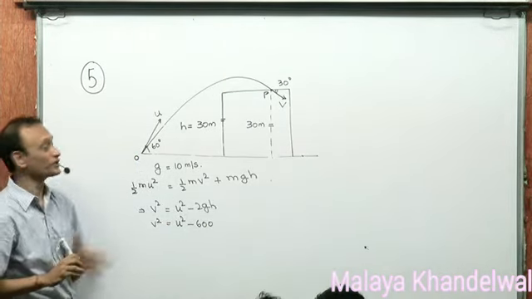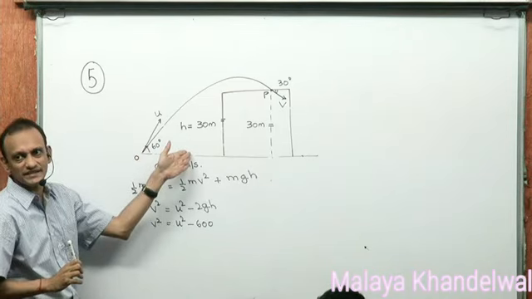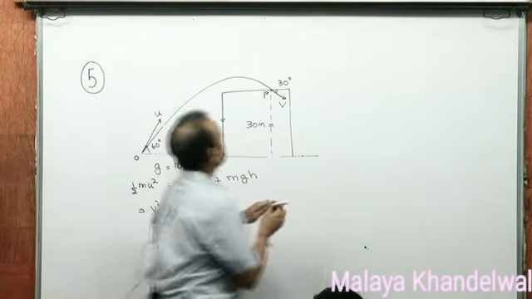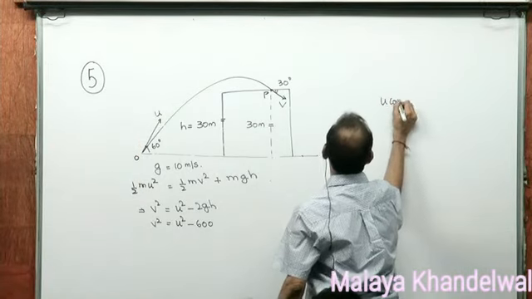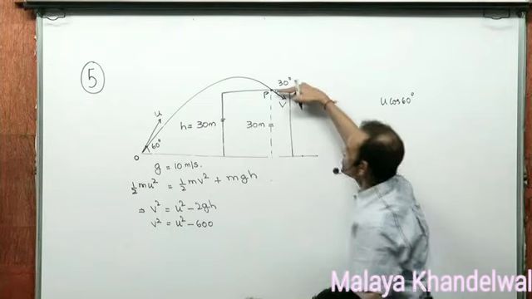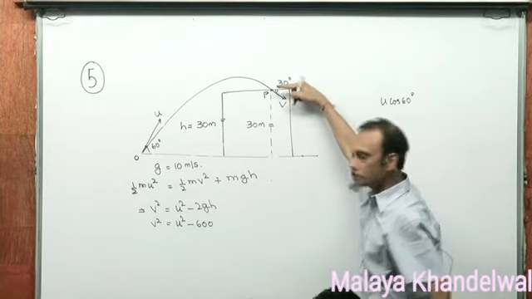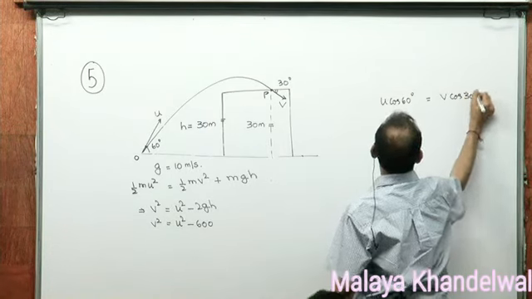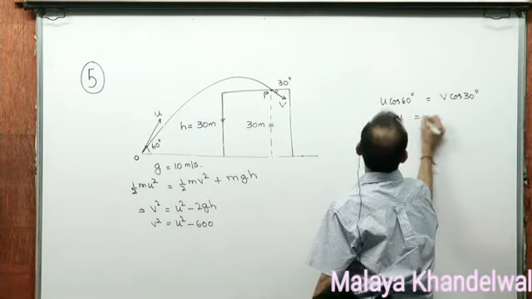Now, no matter what, the horizontal components will remain the same. What's the horizontal component here? u cos 60 degrees. What's the horizontal component here? v cos 30 degrees. That means u must be v root 3.